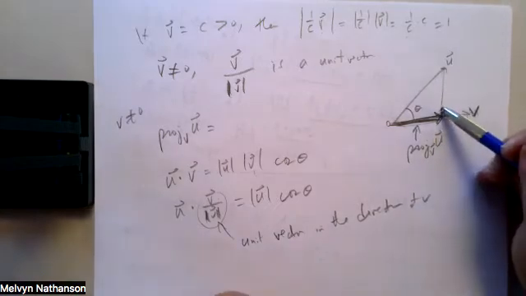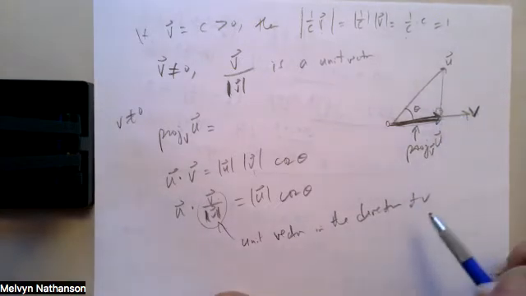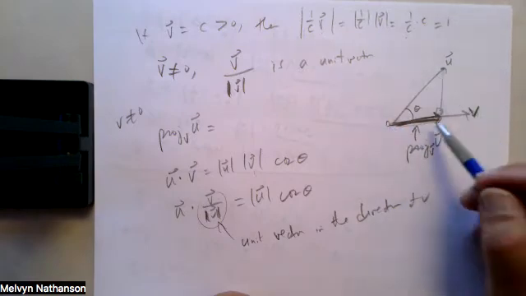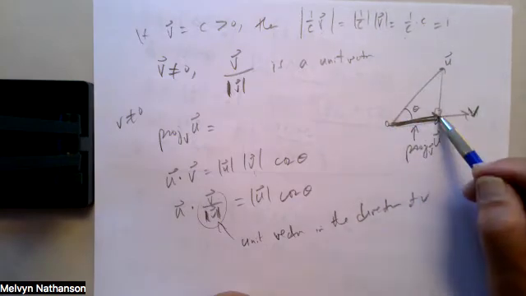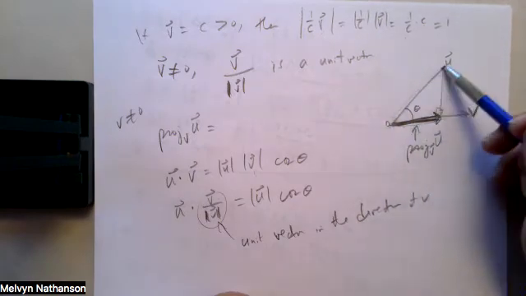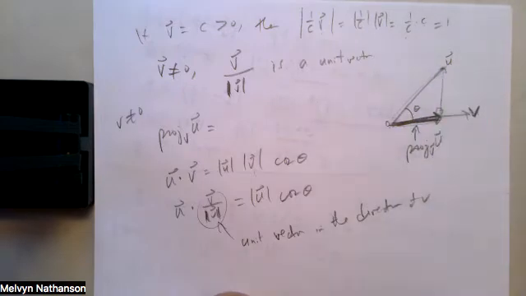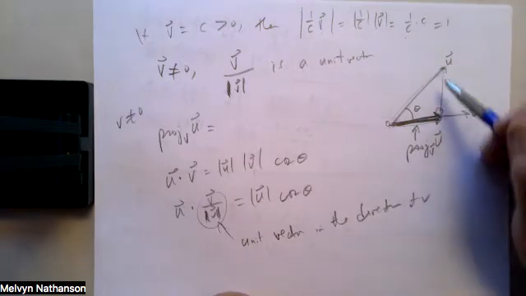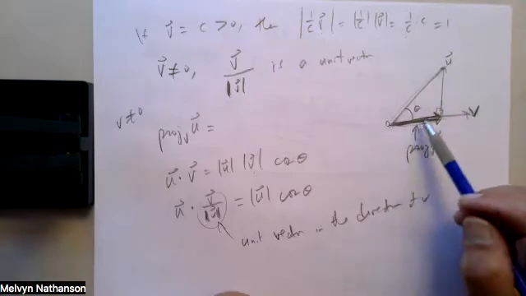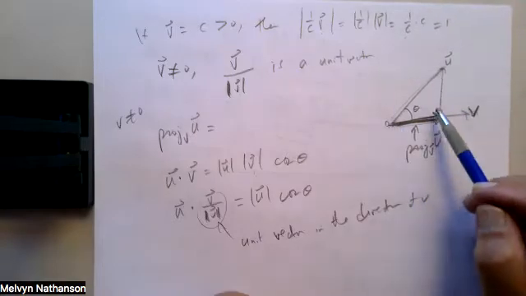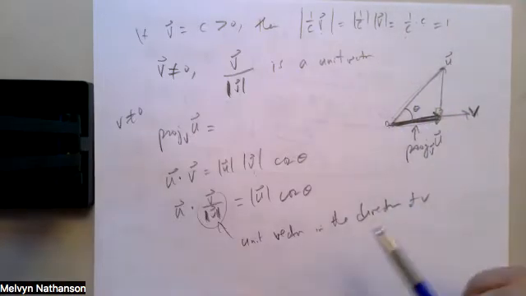Now, if you think of this as a right triangle, here I have an angle theta. The length of this vector divided by the length of u is the cosine of theta, right? The definition of cosine in a right triangle is the adjacent side over the hypotenuse.